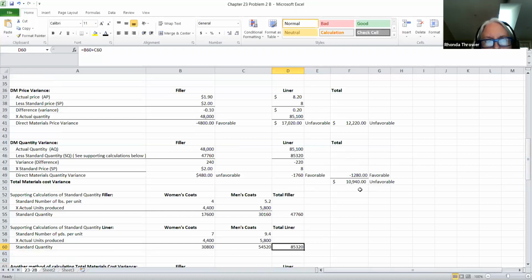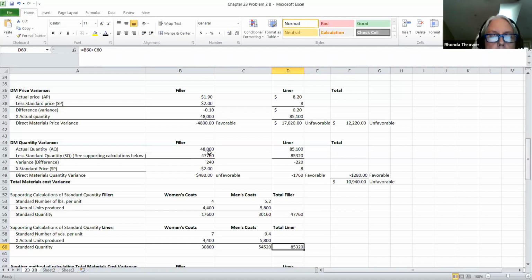The quantity variance, you would probably need to go back to your production department for that because they would be responsible for using the materials. And so in this, for the filler, we used more materials than what we expected. And we want to know why that happened. Perhaps we had an employee that was inexperienced, and so they had to use more filler in their coats than they thought.